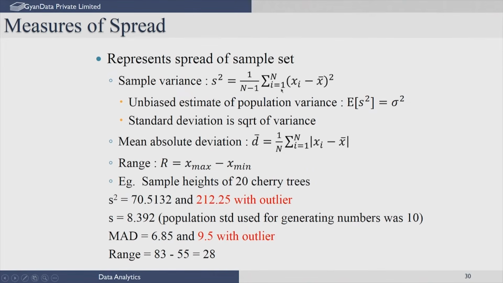Such a measure is called the sample variance, and again you can prove that the sample variance is an unbiased estimate of the population variance, and the square root of the sample variance is also known as the standard deviation.